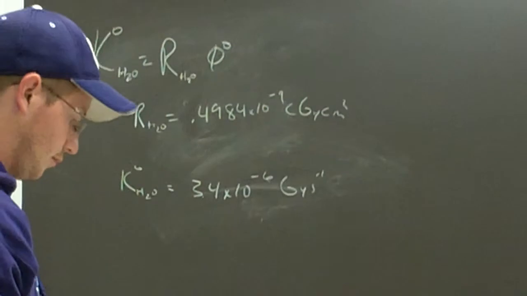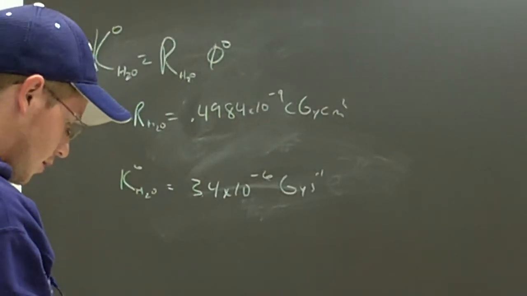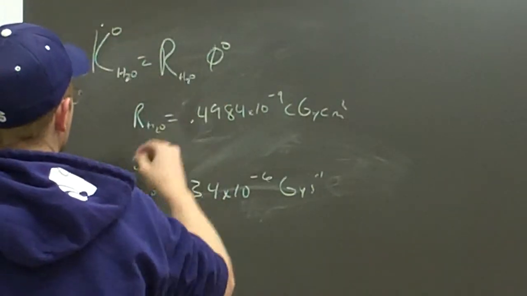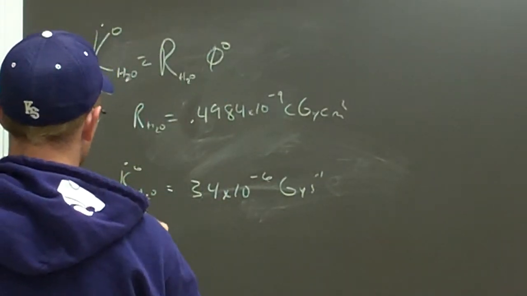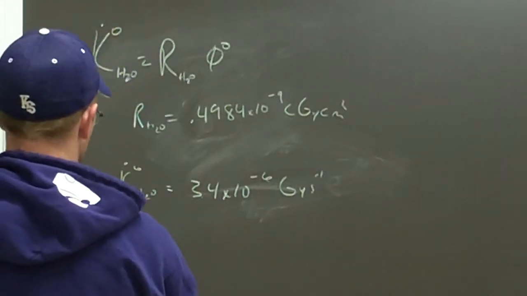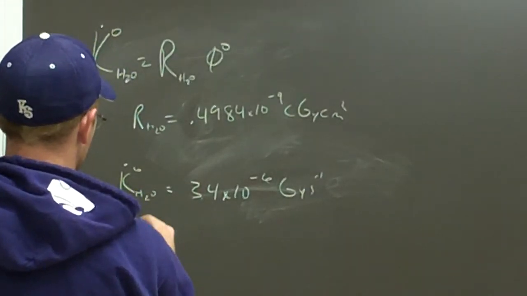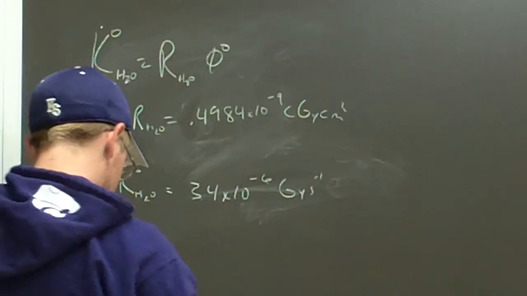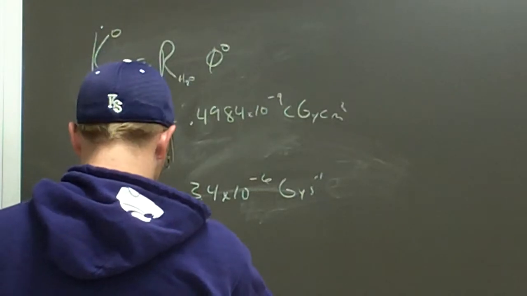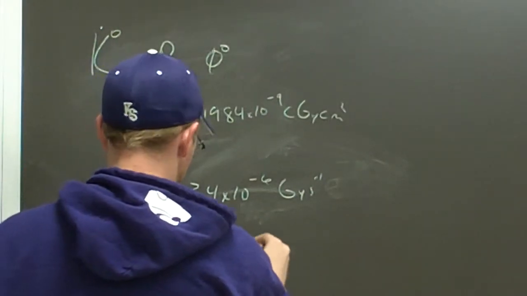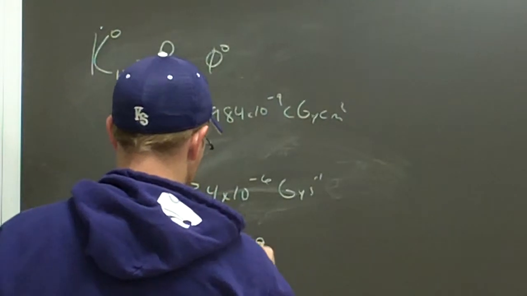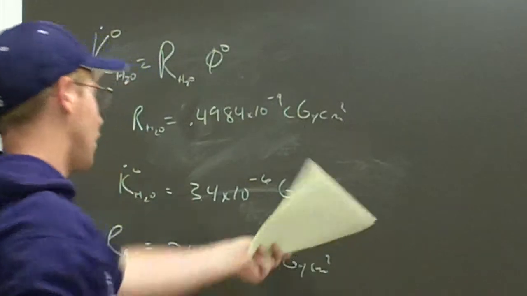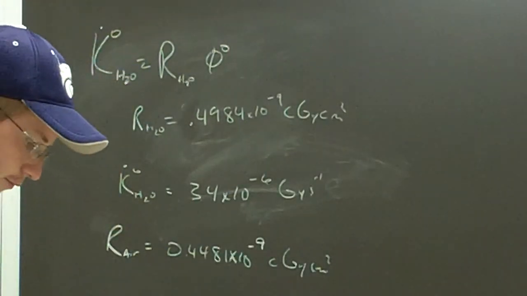It's pretty straightforward. These are rates. To find the kerma rate in air, it's exactly the same thing. Sorry, the response in the air is 0.4481 times 10 to the negative 9 centigray centimeter squared, and I converted that to gray in order to give the answer.